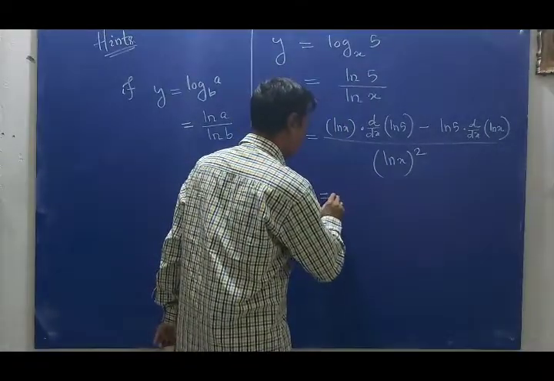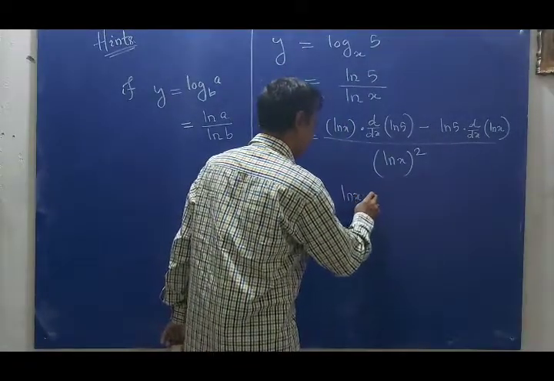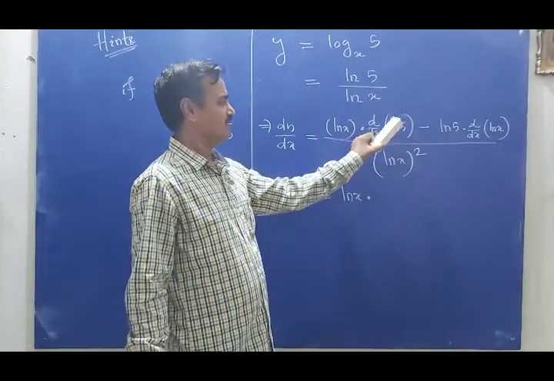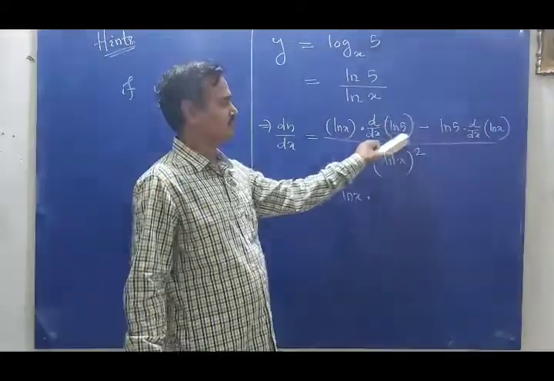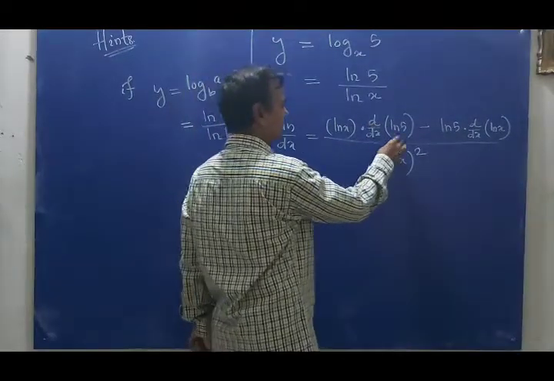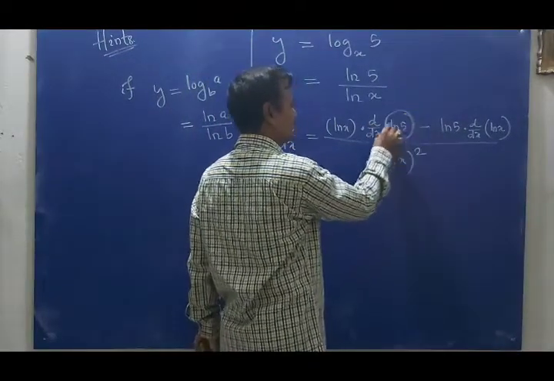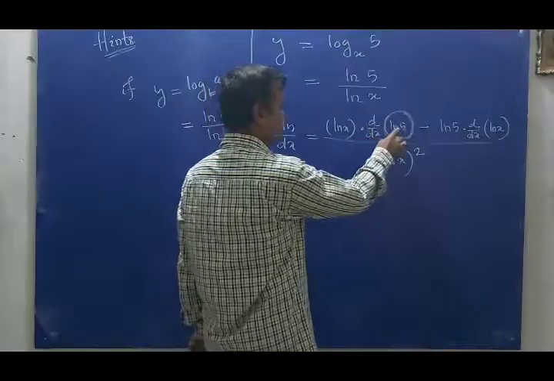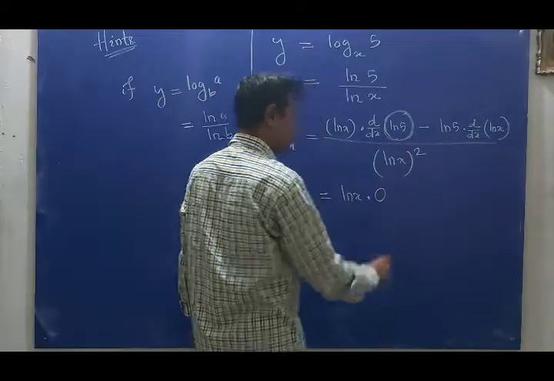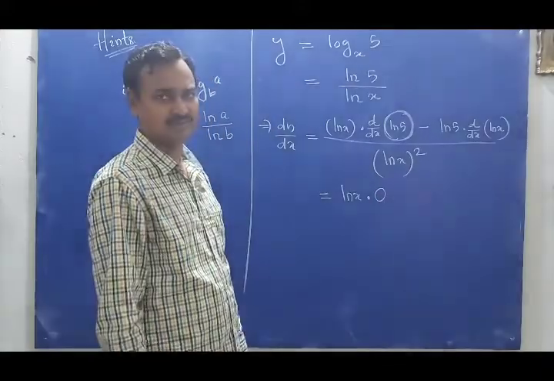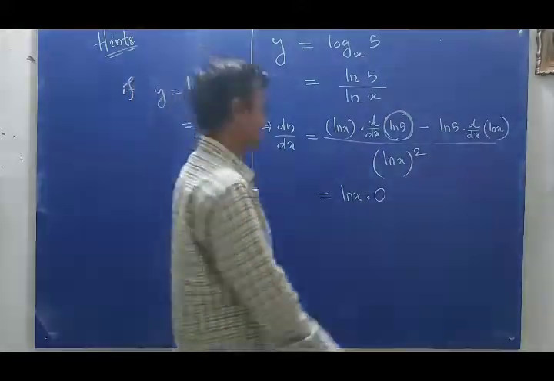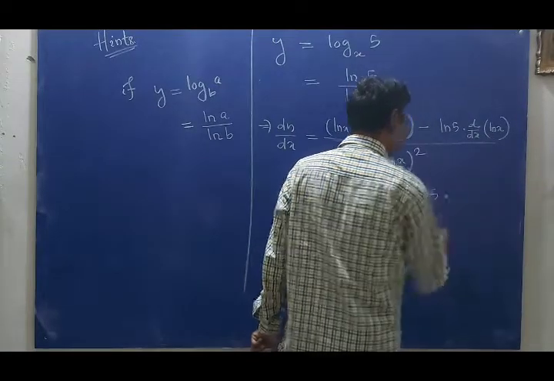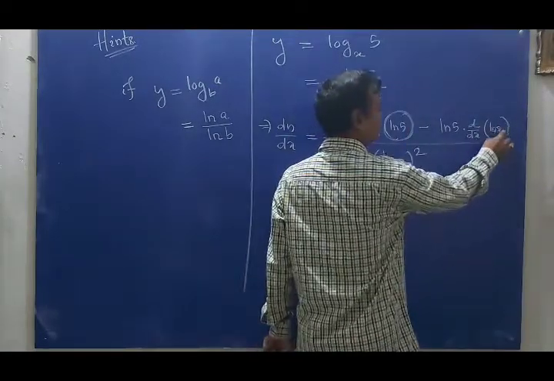So it is equal to ln of x into, 5 is a constant, ln 5 is also a constant, so the derivative of a constant is 0, minus ln of 5 into derivative of ln x.